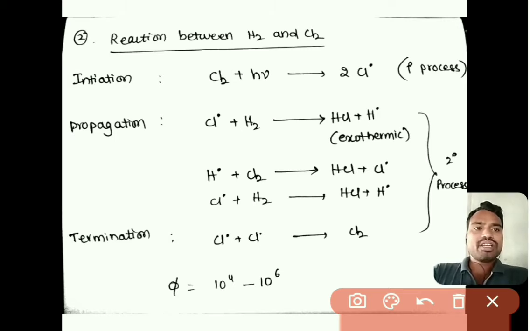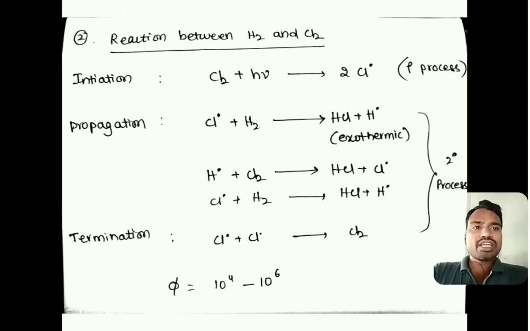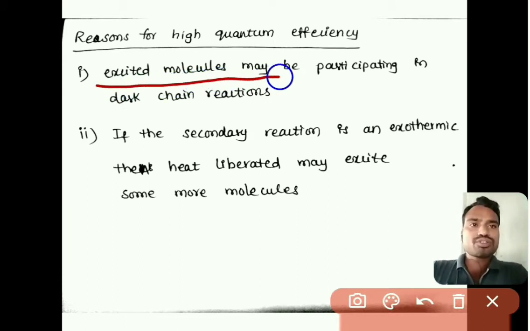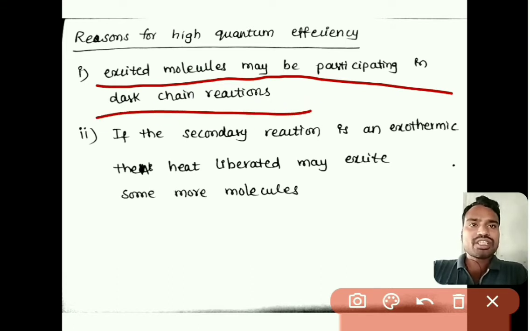Right? So here what are the reasons for high quantum yield? What are the reasons for high quantum efficiency? Excited molecules may be participating in dark chain reactions, right? So here the excited molecule, that is Cl2, reacts with another reactant molecule continuously, so that it forms HCl. So a chain reaction is started, that's why the quantum efficiency is high.